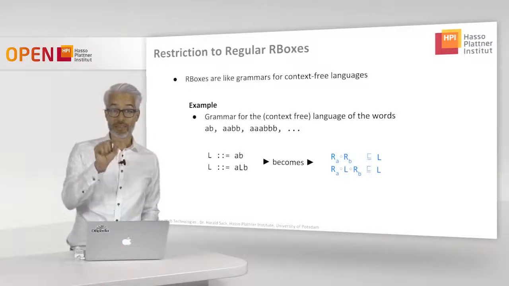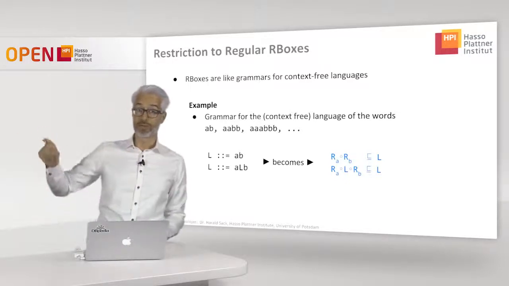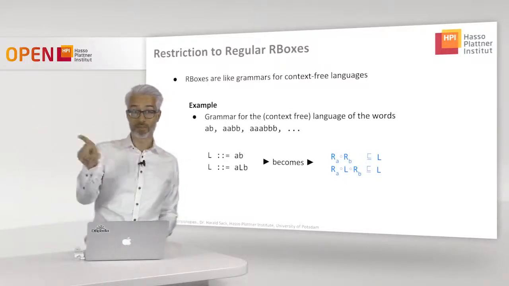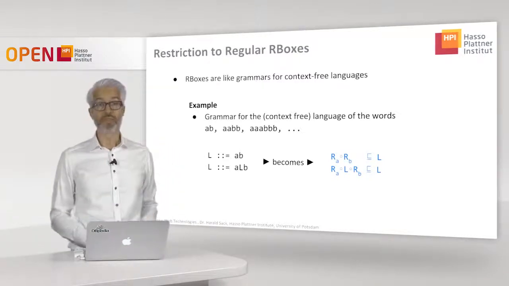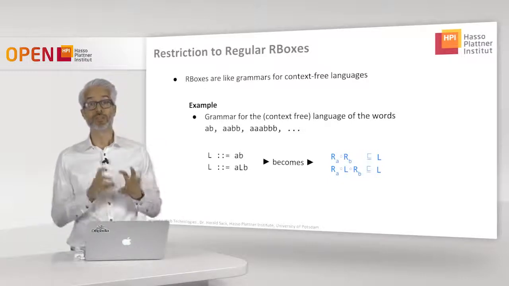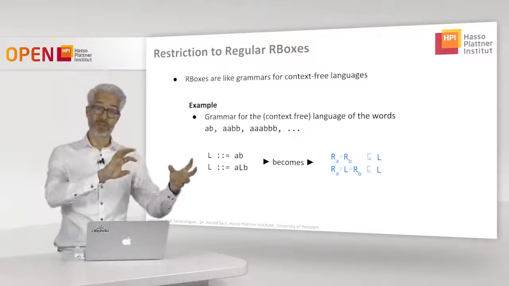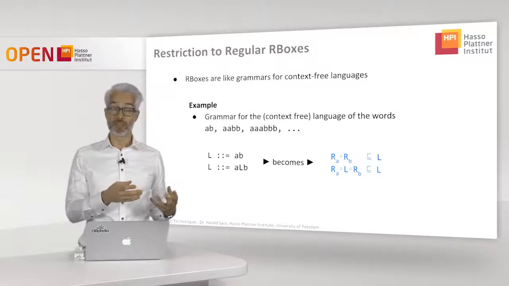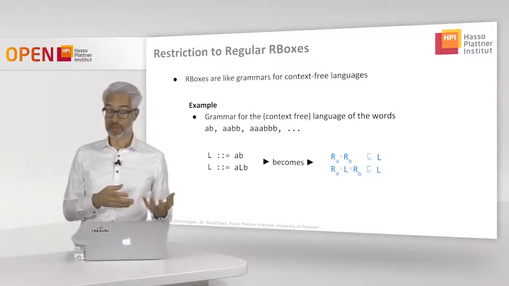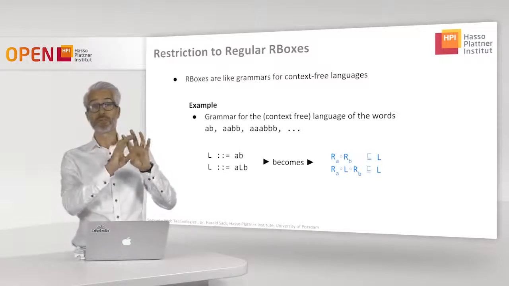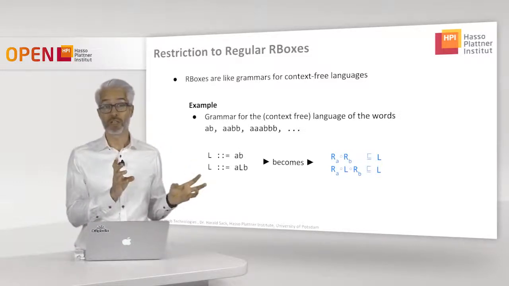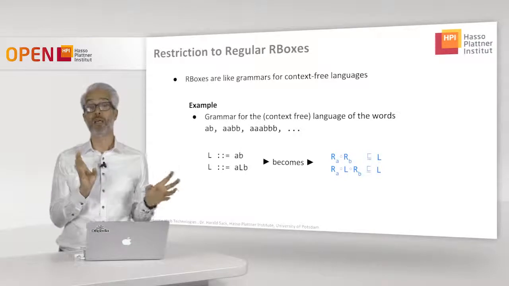Exactly this situation, where you have this non-terminal or this superclass in the middle of a chain, is not allowed. If we consider it from the viewpoint of grammars and formal theoretical computer science, we want to restrict it to a simpler construct, not context-free languages, but so-called regular languages.